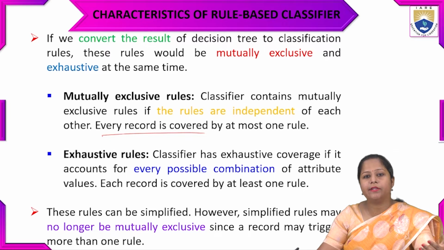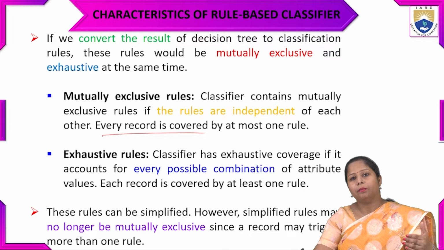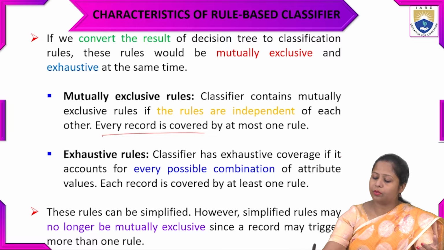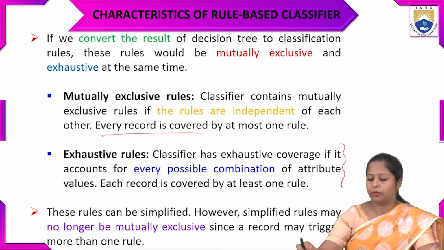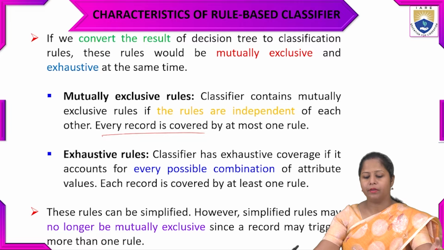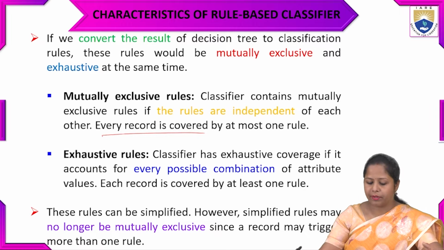That will be mutually exhaustive, and each record will be covered by at least one rule. So mutually exclusive covers at most one rule, but mutually exhaustive covers at least one rule. One rule should be there, and more than one rule is also accepted. So those were the mutually exclusive and exhaustive properties.